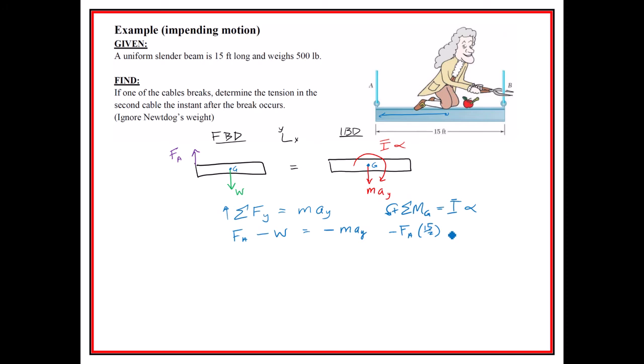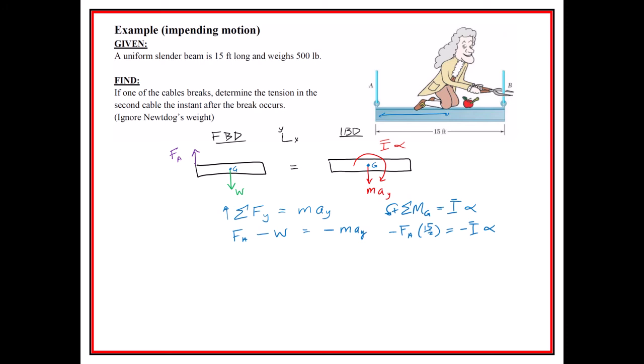And there are no other moments being applied to this, and so we're going to have negative I times alpha, because those are also assumed clockwise. But even if we hadn't assumed clockwise, we know now that it's got to be clockwise.